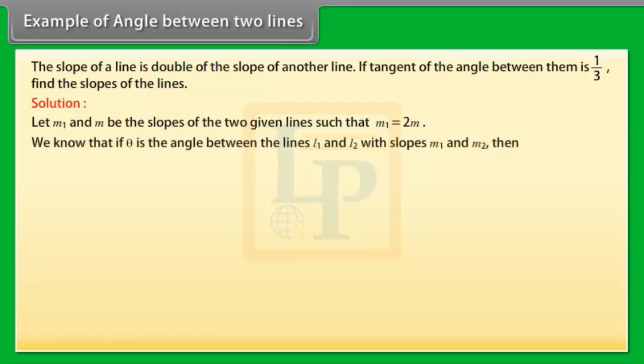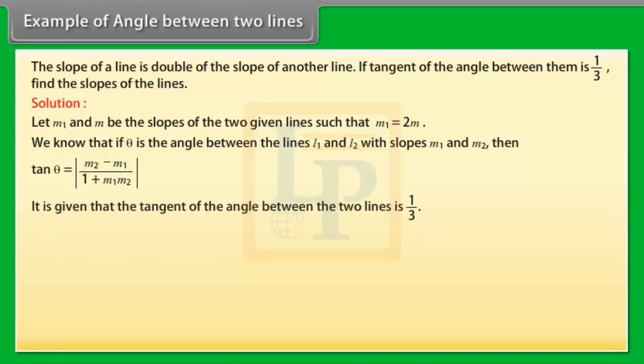We know that if theta is the angle between the lines L1 and L2 with slopes m1 and m2, then tan theta = modulus of (m2 - m1)/(1 + m1 m2). It is given that the tangent of the angle between the two lines is 1/3. Therefore, 1/3 = modulus of (m - 2m)/(1 + 2m times m).